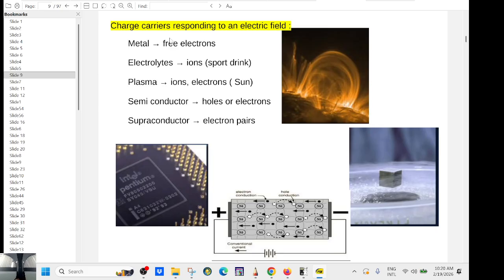Okay, so charge carriers respond to an electric field, because inside the circuit you have an electric field that will move the electrons. In a circuit with connecting wires, you're going to have electrons flowing, but it doesn't have to be electrons. Inside the body, for example, you have electrolytes and plasma, so it's going to be ions. In a semiconductor you have holes of electrons, and then it becomes more complicated.